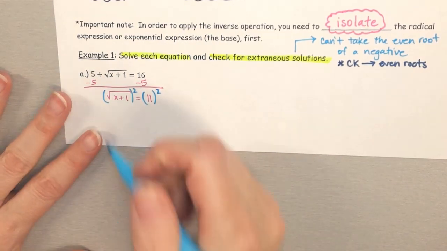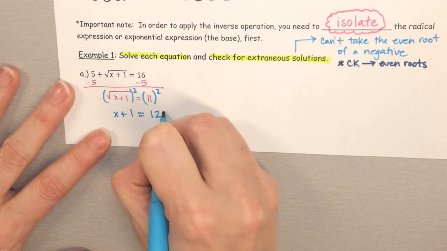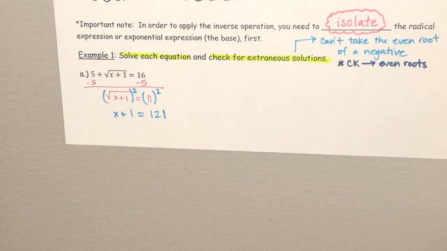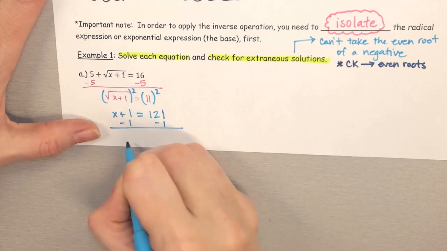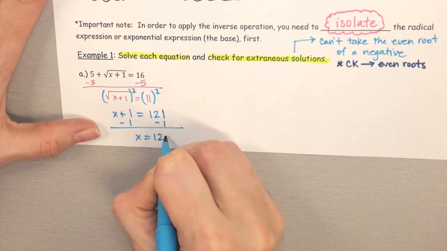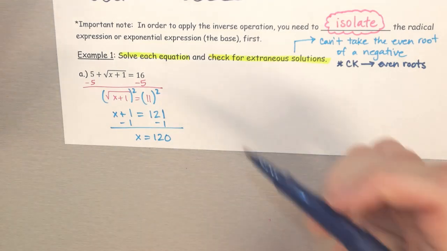Okay, so these are key steps that I'm going to be looking for on your reviews and on your quizzes. Okay, each problem has a rubric. That's part of your evidence of solving. And then your final answer is 120. Because it's an even root, we have to check it, and then we can write our solution.